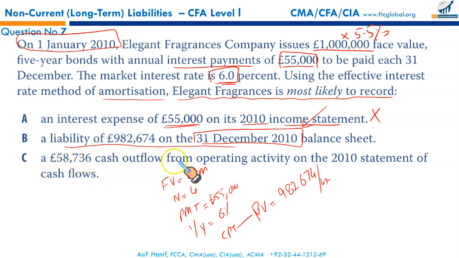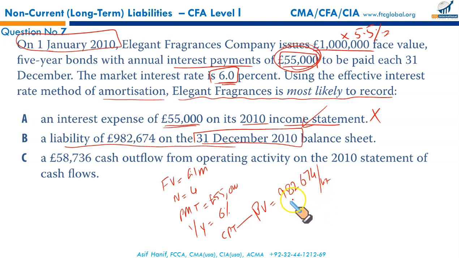£58,736 cash outflow for operating activities on 2010 statement of cash flows. Yes, interest payment on a bond is considered an operating cash flow. But is it? This is 55,000. This is the cash flow for interest payment. This probably is your interest expense. How do we calculate interest expense?